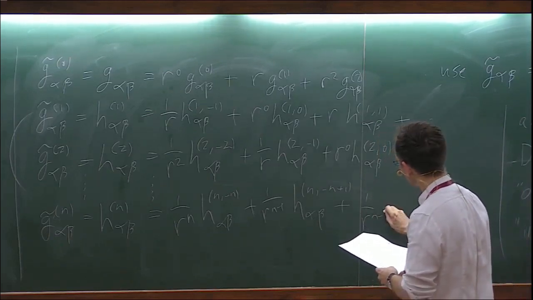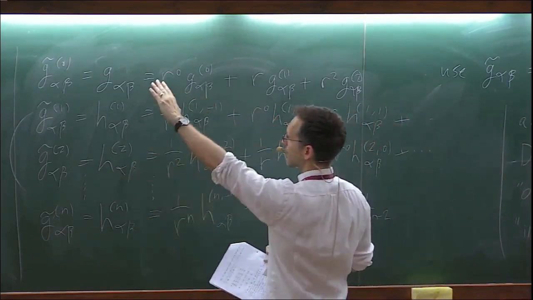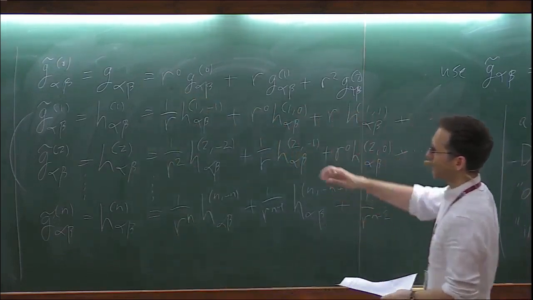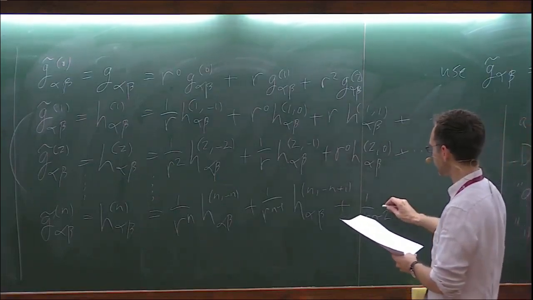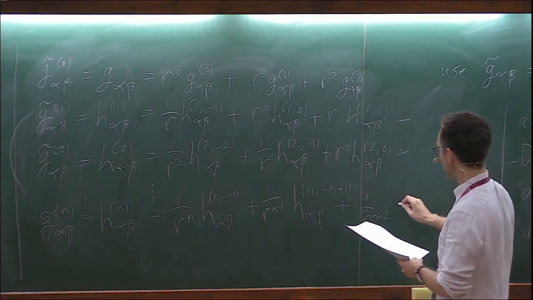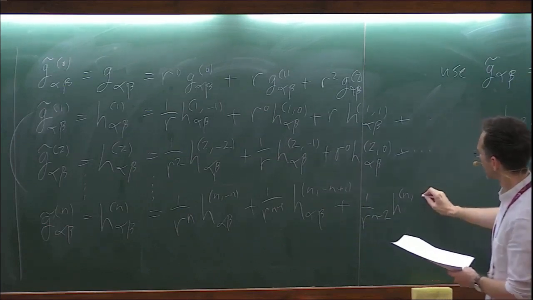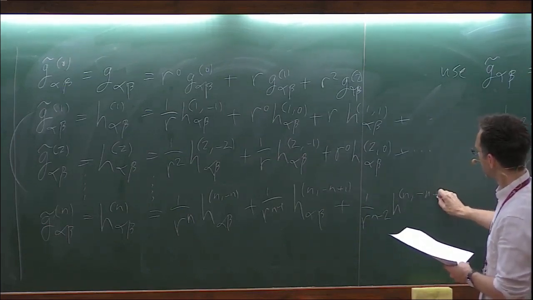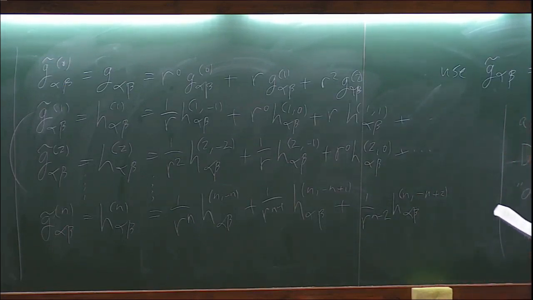And now, here I'm writing each row in my table as the expansion of a piece of the outer expansion for small values of r. Now, the matching condition is telling us how that relates to the terms in the inner expansion.